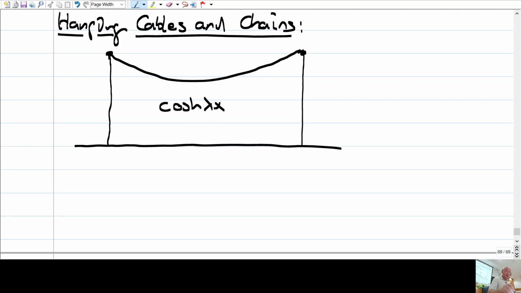Suppose the curve is represented by a function y equals f of x, okay? Y equals f of x. Let T be the tension at this point of the wire.